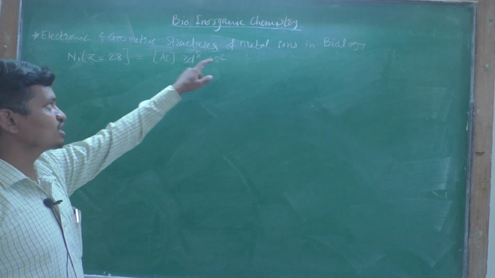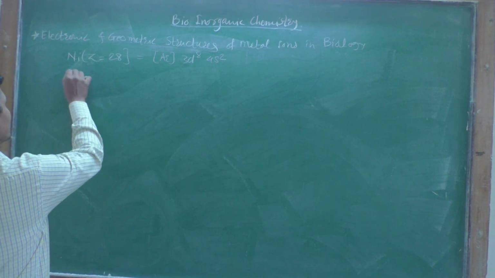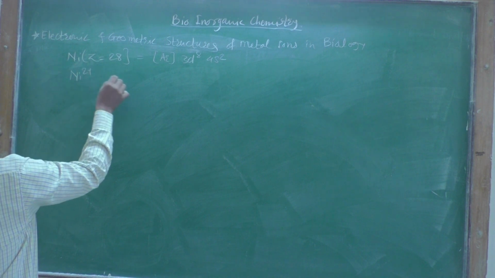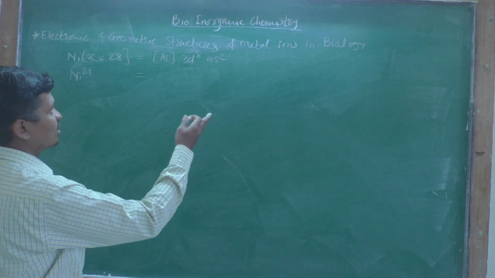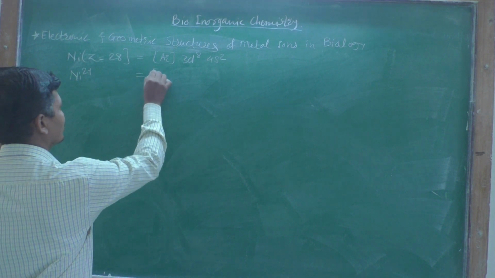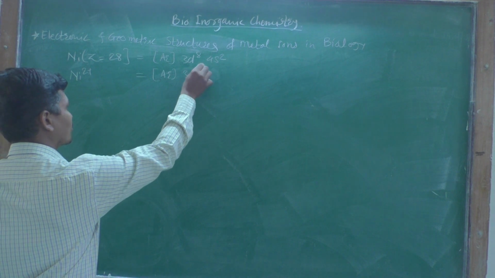So argon 18 plus 2 is 20, plus 8 is 28. So when nickel is existing in the plus 2 oxidation state, the valence 2 electrons from the 4s subshell have been removed, and we have argon gas configuration and 3d8 configuration.